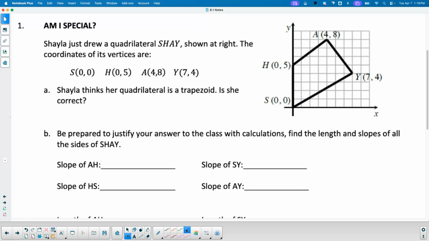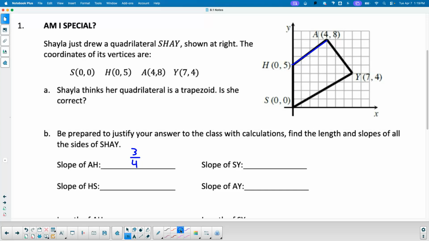That's this one right here. What is the slope of that one right there? 3 over what? 3 over 4. Do we agree with 3/4? Rise 3, run 4, positive 3/4. I would concur that that is the slope of AH.